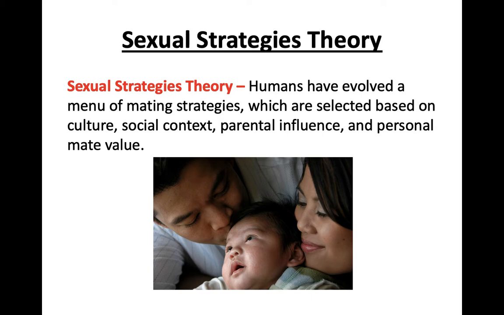So, from an evolutionary psychology perspective, sexual strategies theory says that for the male of the species, given a low investment, what a male is looking for is essentially a healthy and viable mate that he knows will carry his offspring and genetic information.